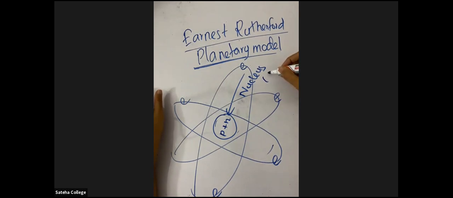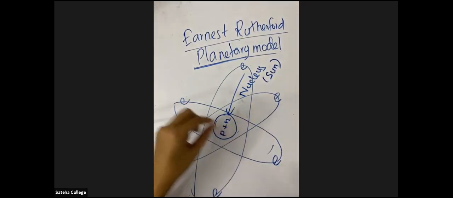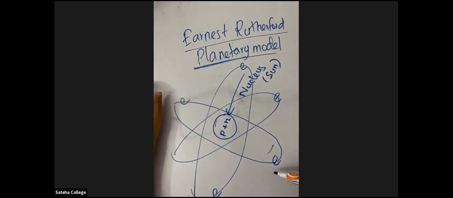Very good. It's acting like the sun. And then he told the electrons are revolving around the nucleus in energy orbitals. This is an energy orbital, right? So he told the electrons are revolving around the nucleus in energy orbitals. Did you understand?